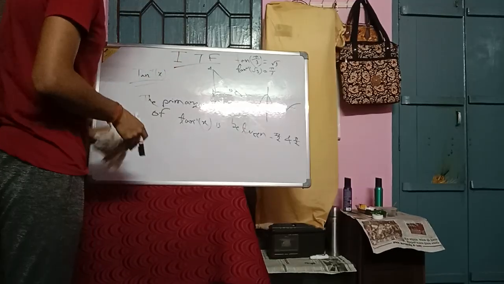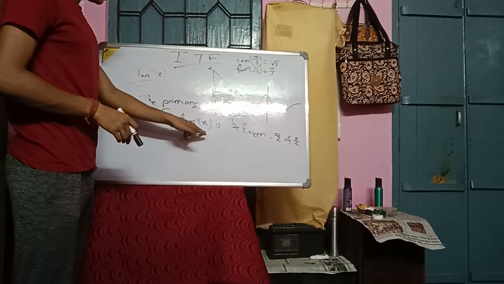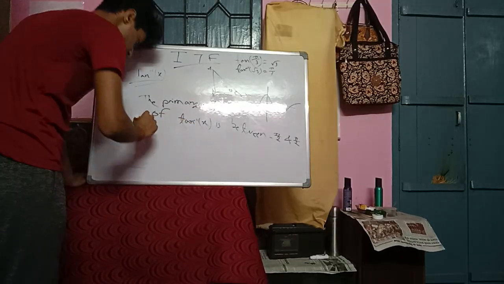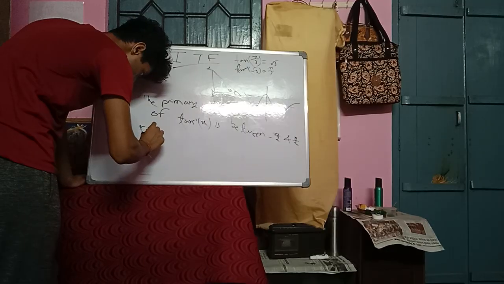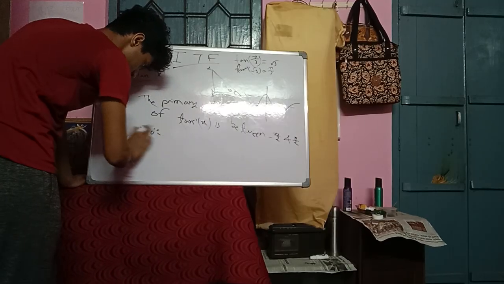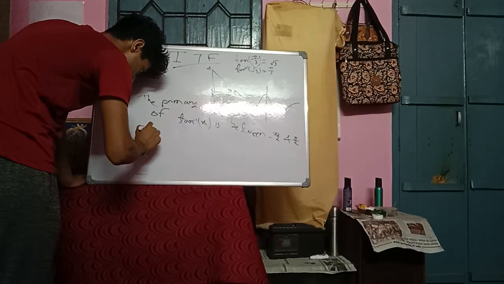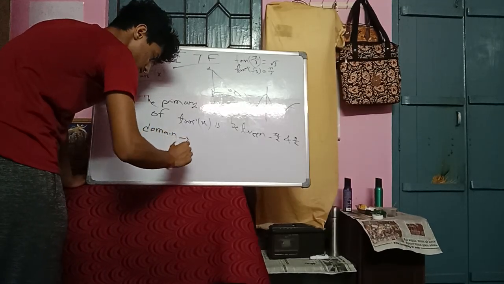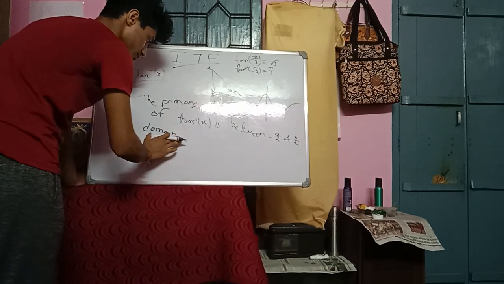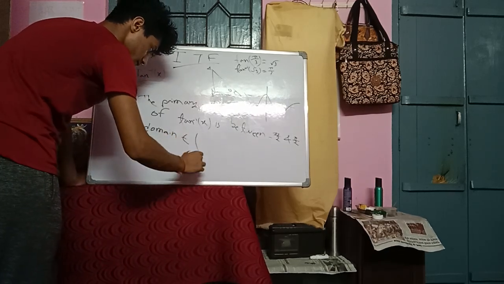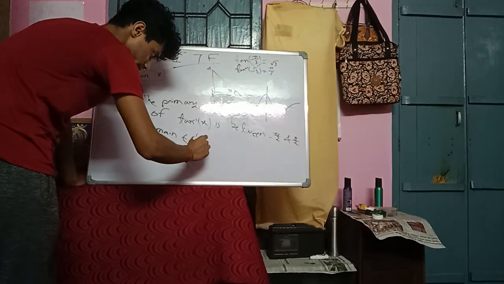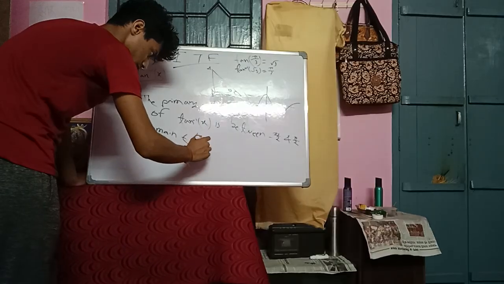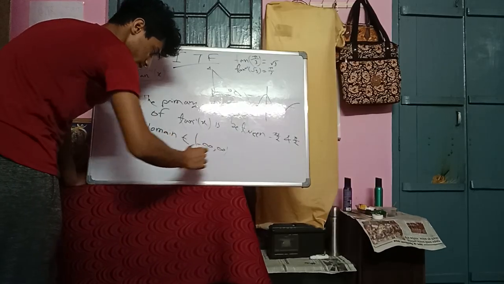So the range of this function, first of all, let's do the domain. The domain is going to belong to a set that starts from negative infinity and ends in positive infinity.